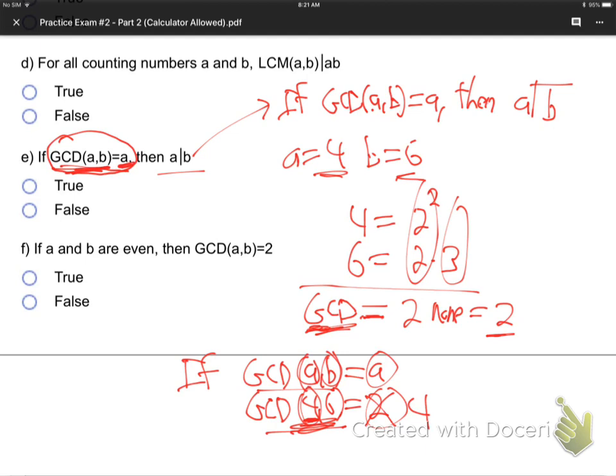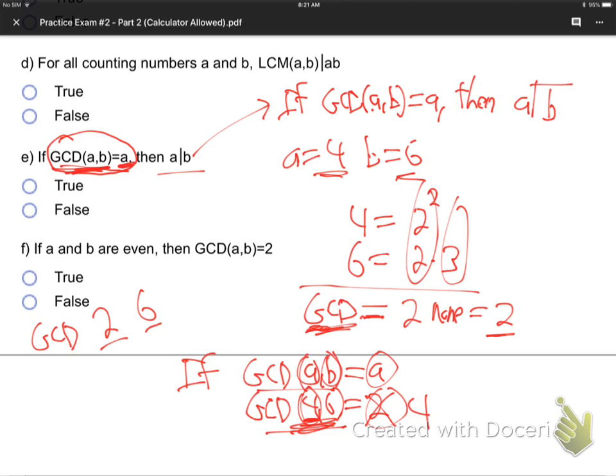Well, how do you do that? Think about it. How do you have two numbers where the GCD is the first number? Remember what GCD is? It's what goes into the numbers. If I have a number like 2 and 6, what goes into 2 and 6? 2 does. Do you have the feel for GCD?